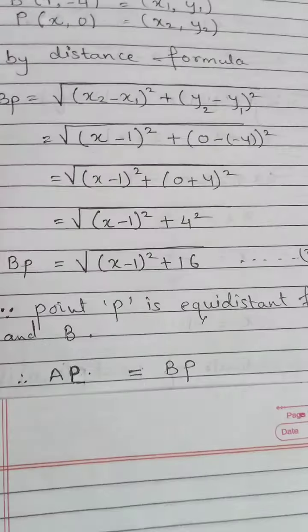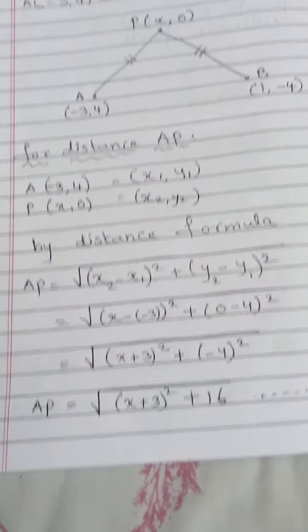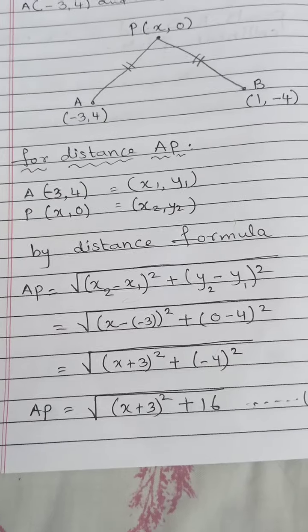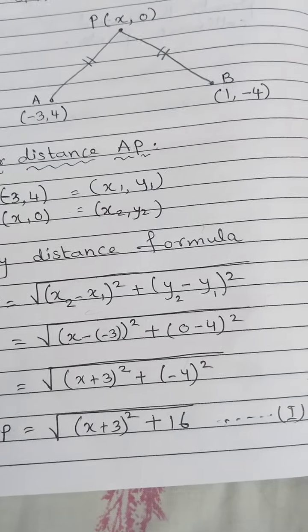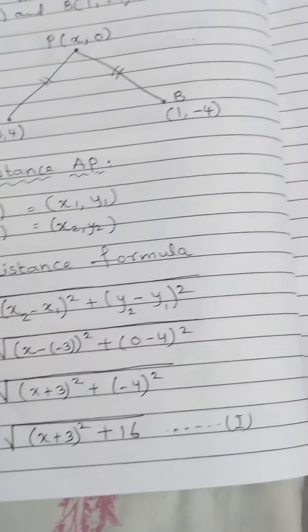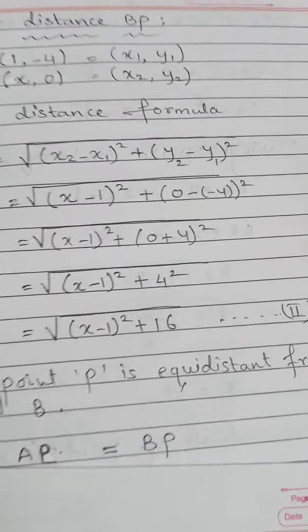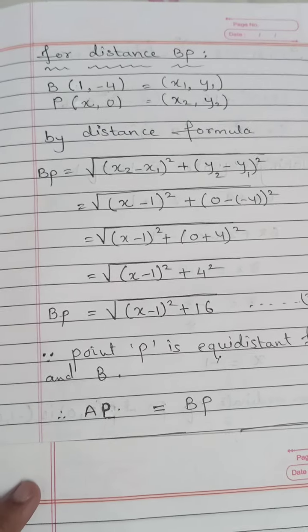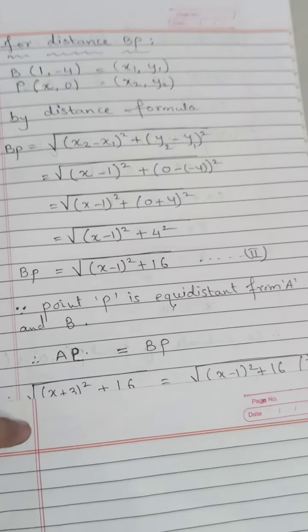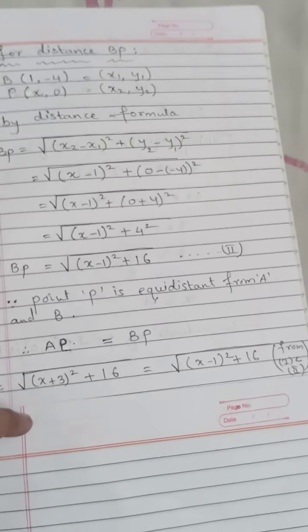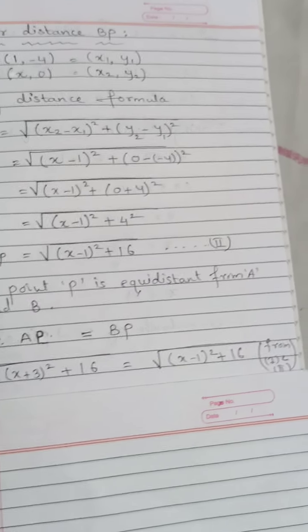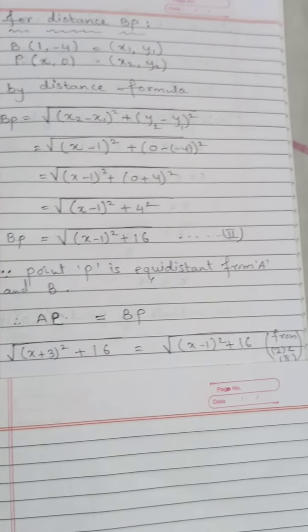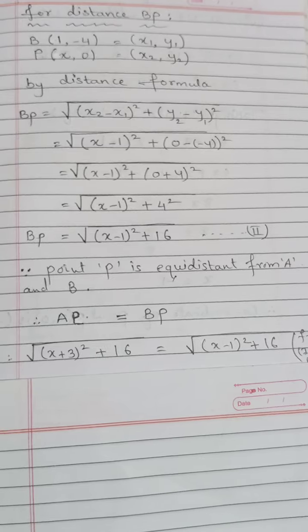Now the distance AP we have got in equation number 1: AP is equal to the root of (x plus 3) the whole square plus 16, and in equation number 2 we have got BP. So both the values from equations 1 and 2 we will apply here. So we have applied the values here, from 1 and 2.